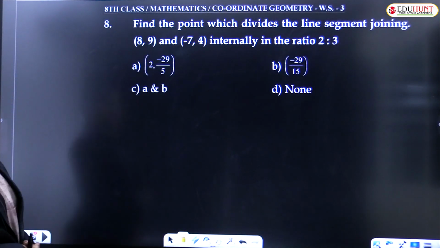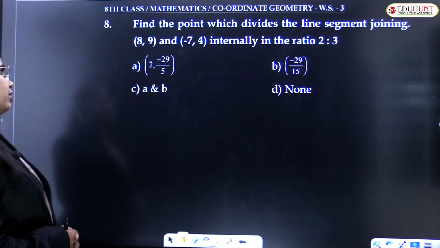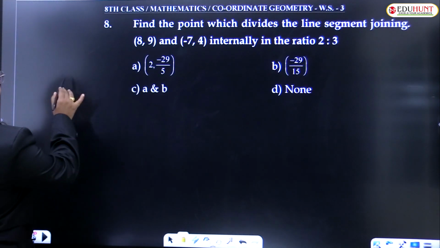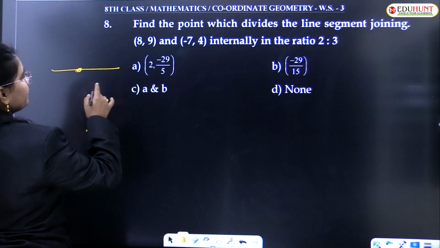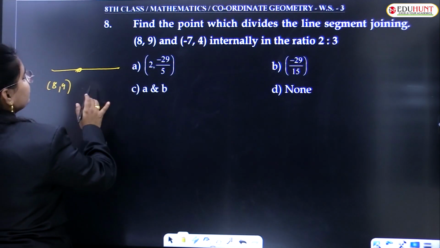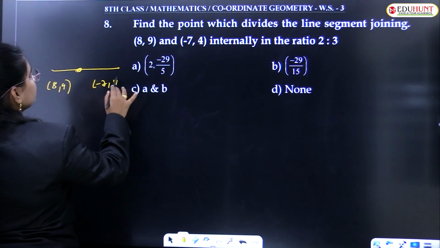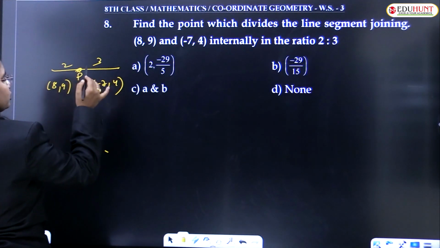Next question. Find the point which divides the line segment joining (8, 9) and (minus 7, 4) internally in the ratio 2:3.